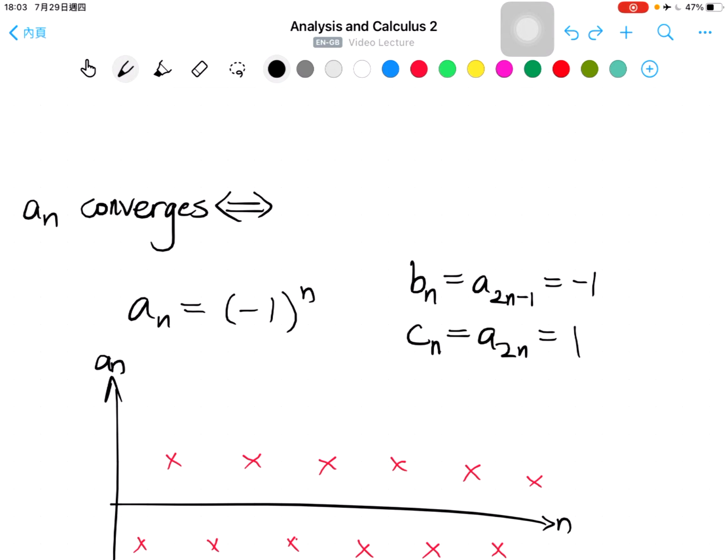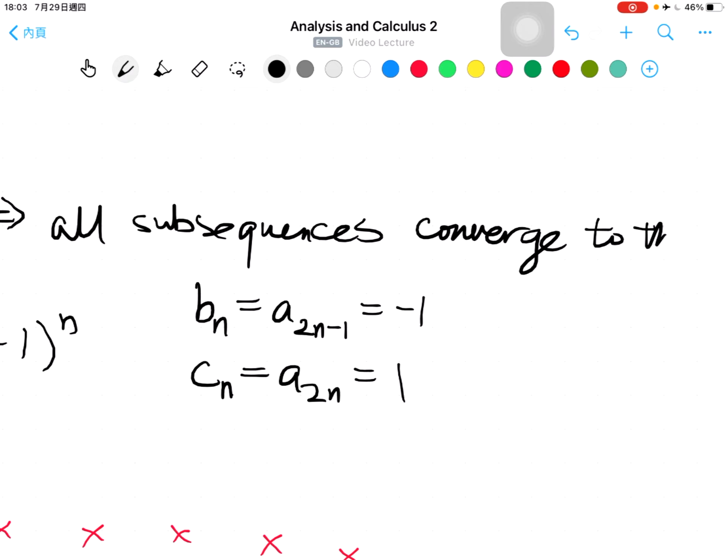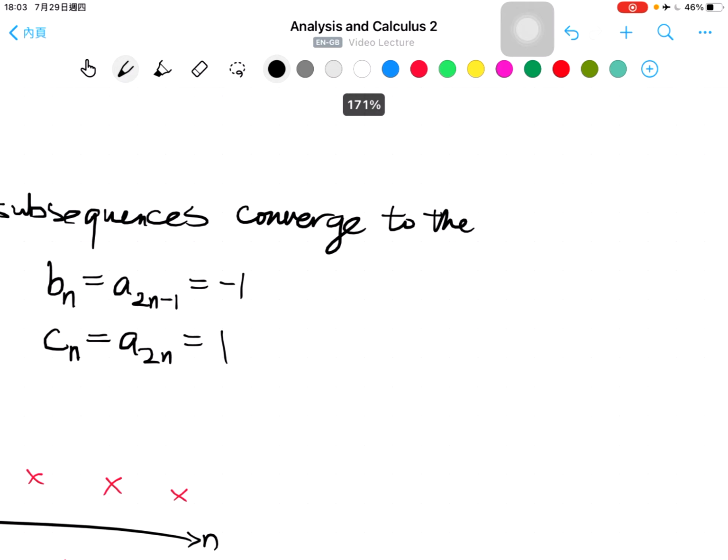If a sequence converges, then all subsequences, not because it's doing something bad, not because it's nasty, all subsequences should converge to the same value.